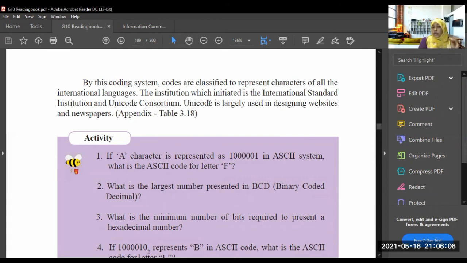The institution which initiated it is the International Standard Institution and the Unicode Consortium. Unicode is largely used in designing websites and newspapers. As I told you, we use Unicode to design websites and newspapers.